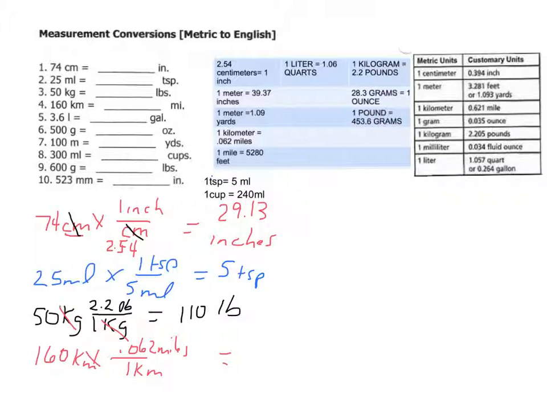Again, we do that because we need to cancel out our units and we're now into miles. And when we multiply 160 times 0.062, we would get 9.92 miles.